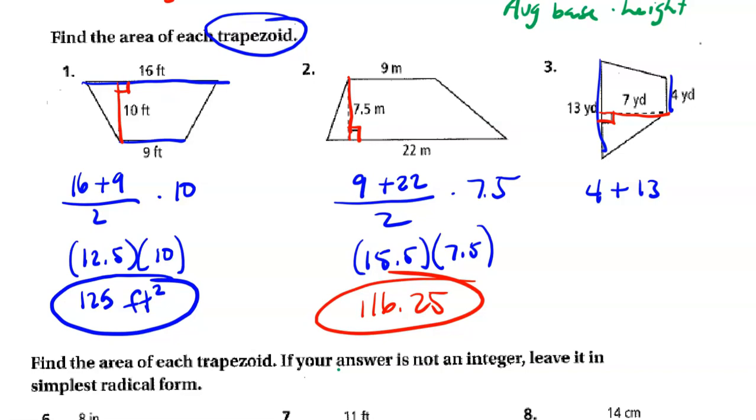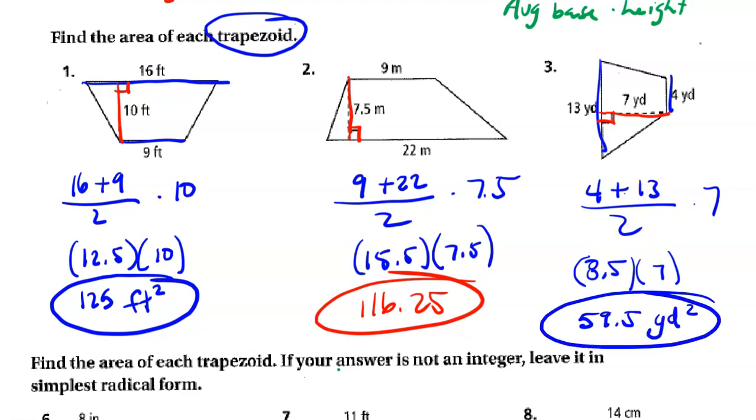All right, so back to the equation. Average the two bases, multiply it by the height. So that's 17 divided by 2, which is 8.5 times 7. That's 56 and 3.5. So I believe that's 59.5 yards squared.